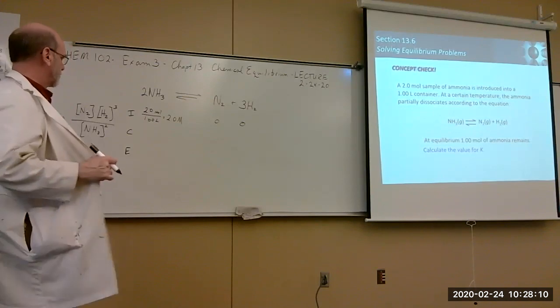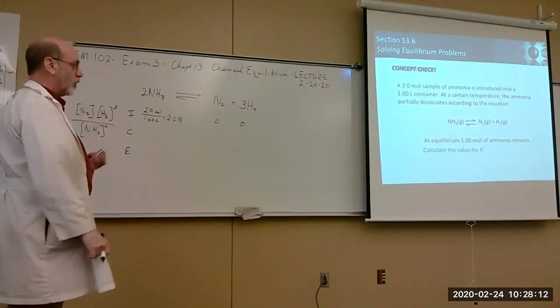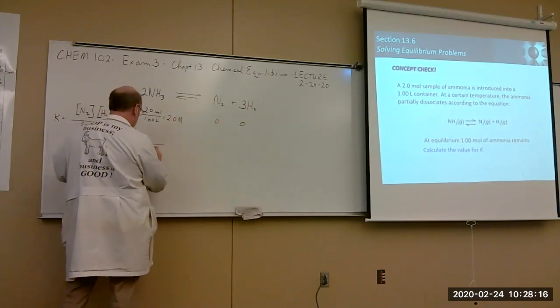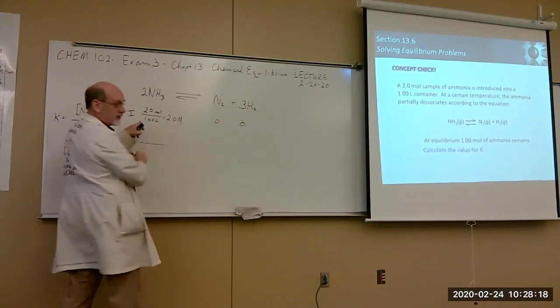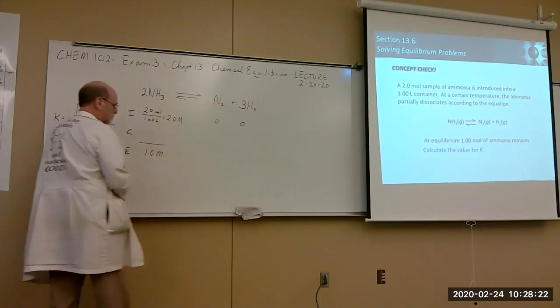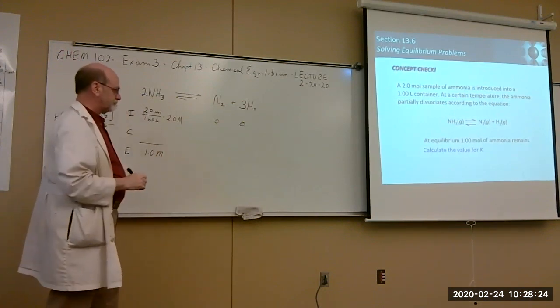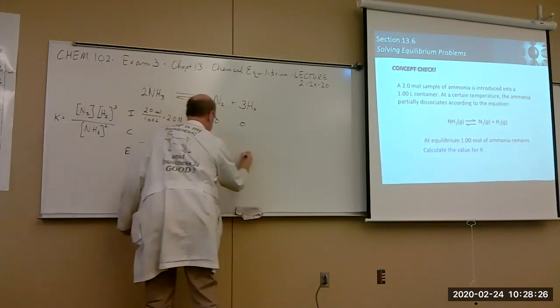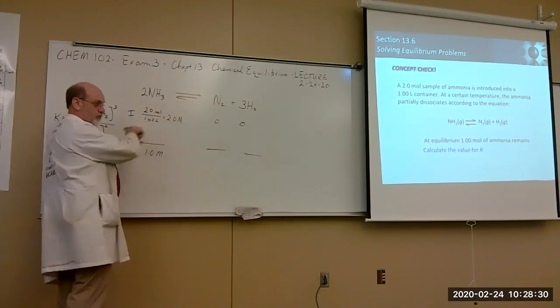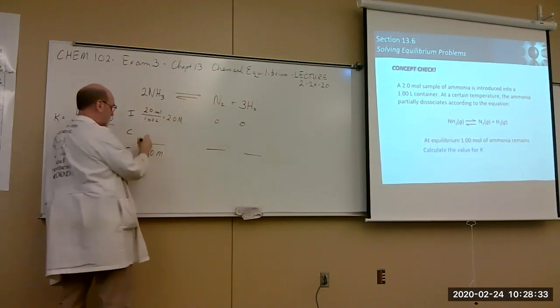We've got that. And at equilibrium, 1 mole of ammonia remains. So at equilibrium, we've got 1 mole left over in the same volume. So it's 1 molar. So what was the change? We lost a molar, didn't we?